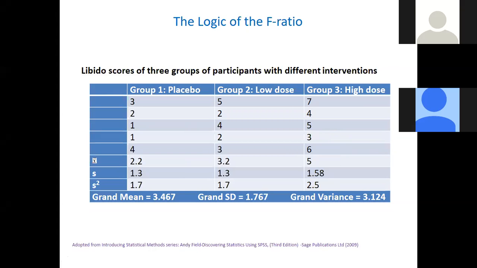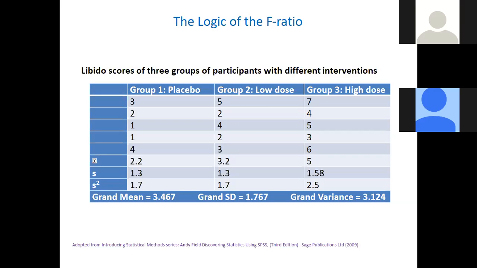When you have more than one group, there are three variances you can calculate: total variance, variance between, and variance within.